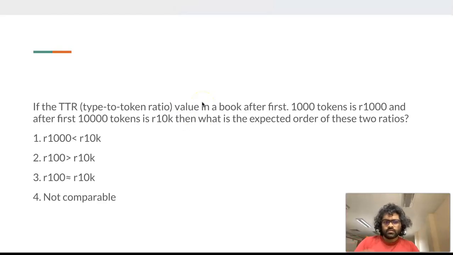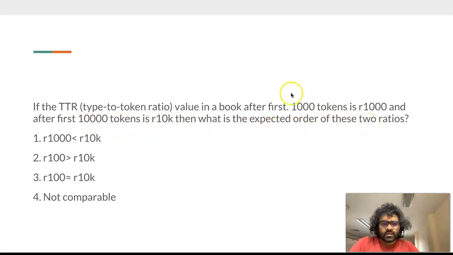Okay, this question is kind of easy. Now the second question. This question is kind of similar. If you understand this TTR thing, you can answer it. So if the TTR value in a book after the first 1000 tokens is R 1000, and after the first 10,000 tokens it is R 10,000, then what is the expected order of these two ratios?